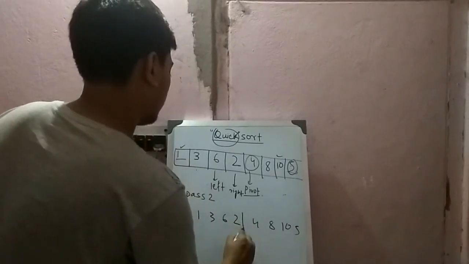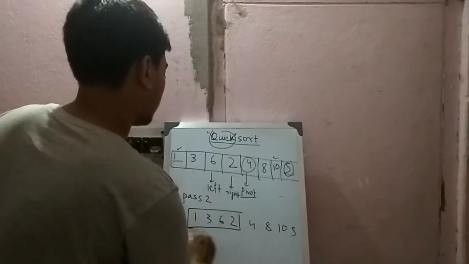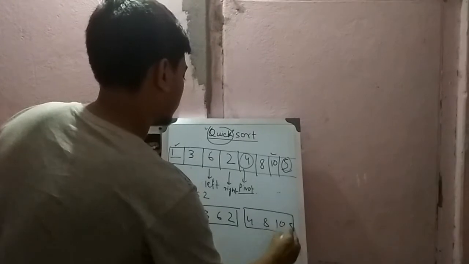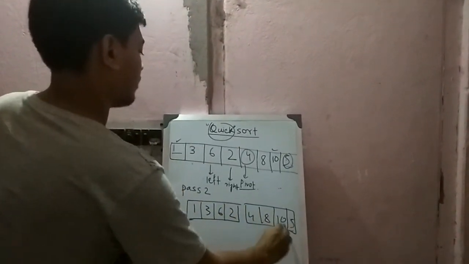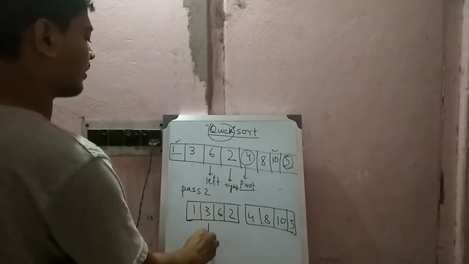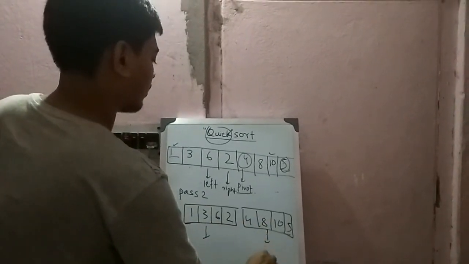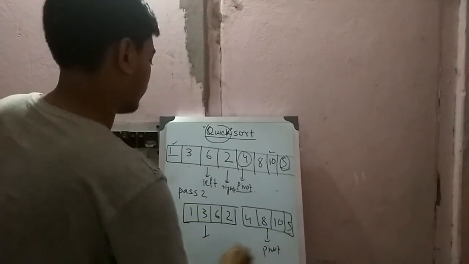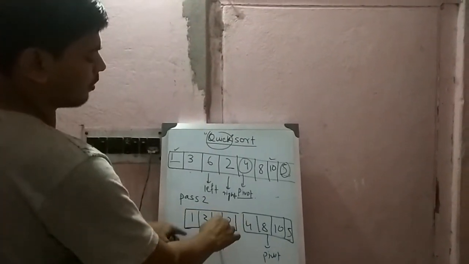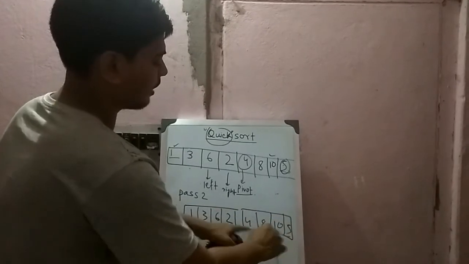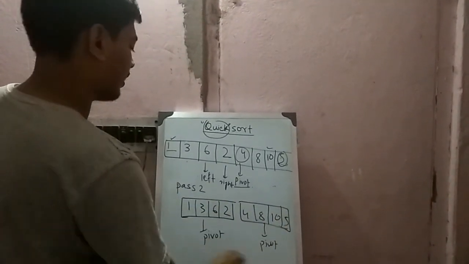We will break the array into two parts, and take a pivot in this array, and take a pivot in this array. Then sort each array and merge it, and we will get the result.